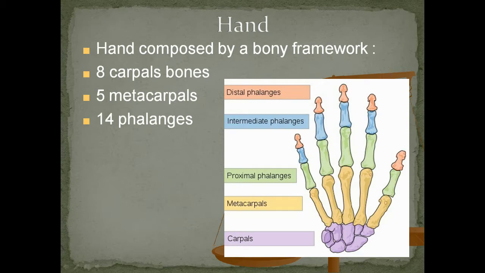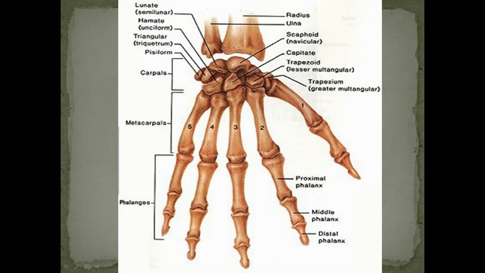The metacarpal bones join with the proximal phalanges, making joints there, and also join with the carpal bones, making the carpometacarpal joints. In the picture, we can see the arrangement of the bones more clearly.